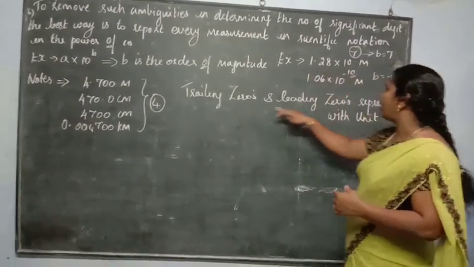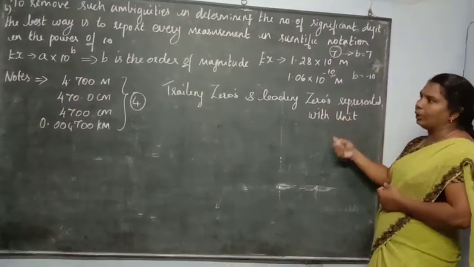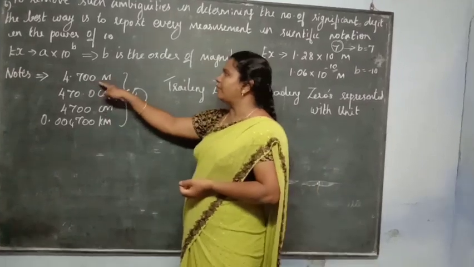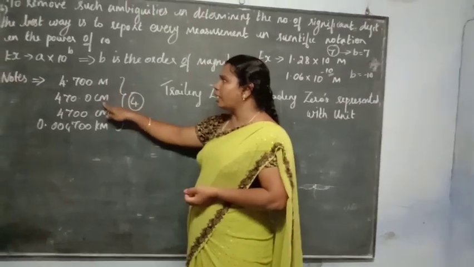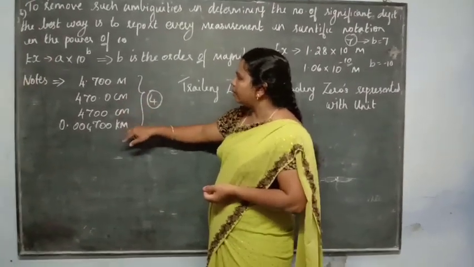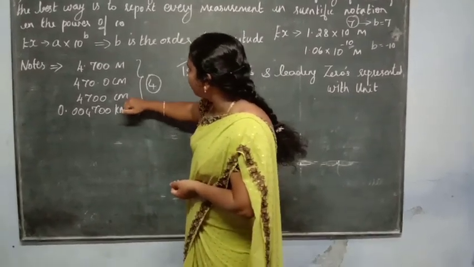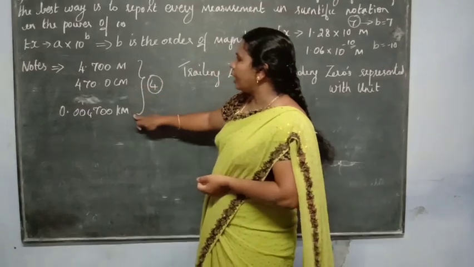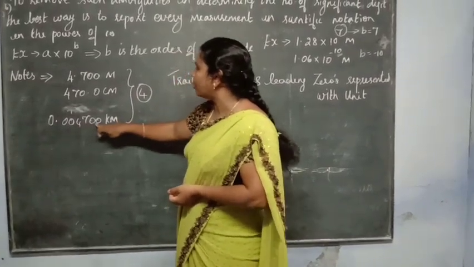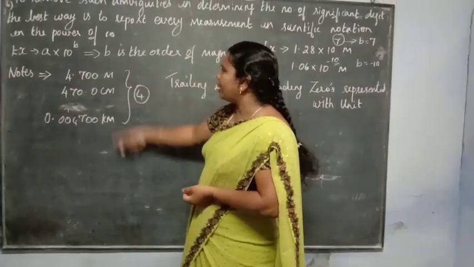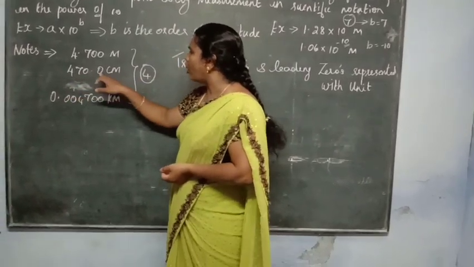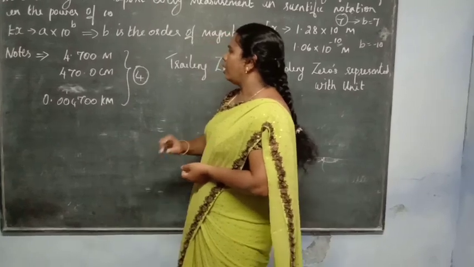The trailing zeros and leading zeros are represented with units. When both are combined, how will you determine it? See here 4.700 meter. This meter is converted into centimeter, and then it is converted into kilometer, that is 0.004700 kilometers. Whatever the conversion, the leading zeros are not significant.